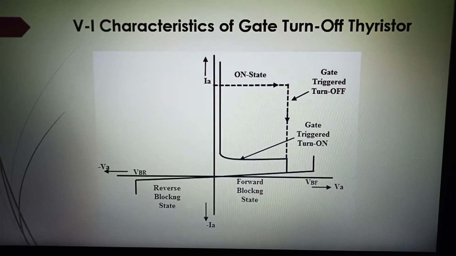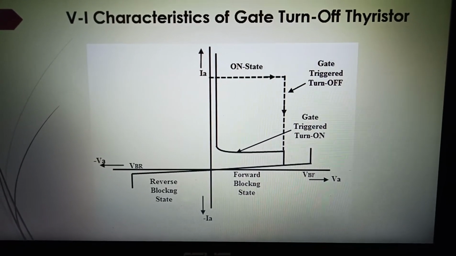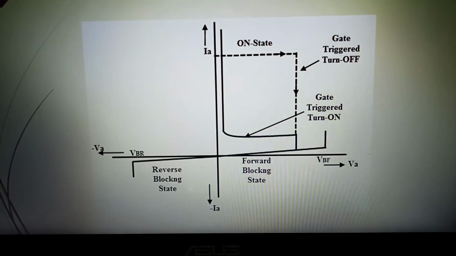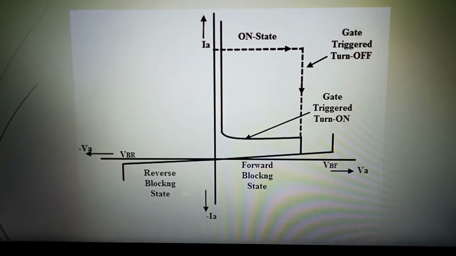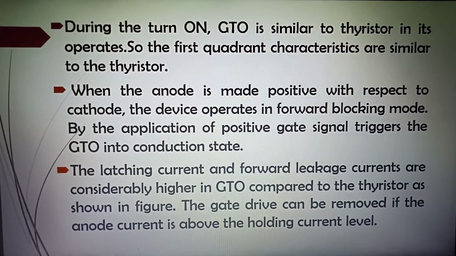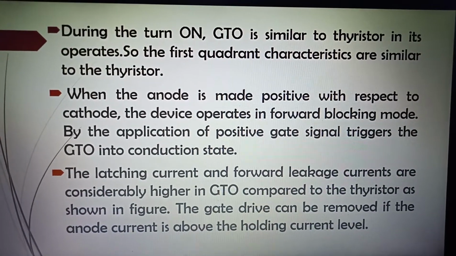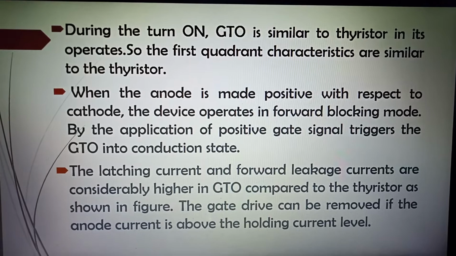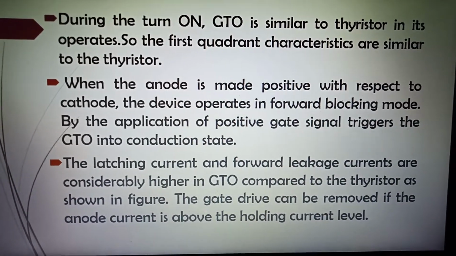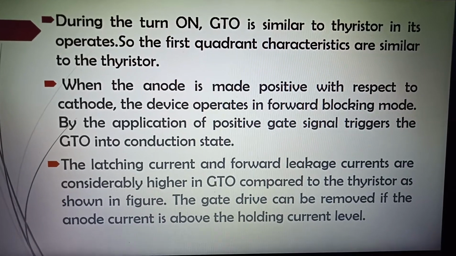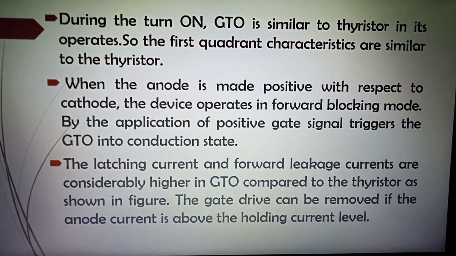This is the IV curve characteristic of a gate turn-off thyristor. During turn-on, the GTO is similar to a thyristor in its operation, so the first quadrant characteristics are similar to the thyristor.